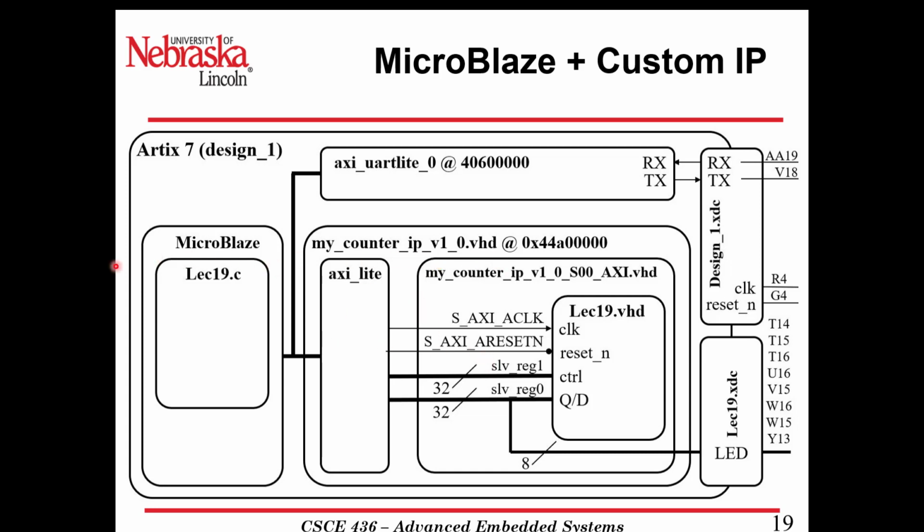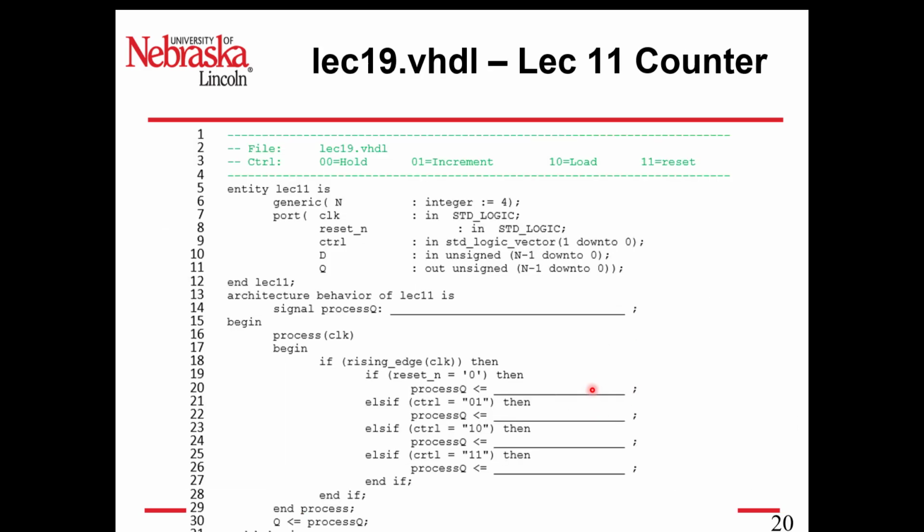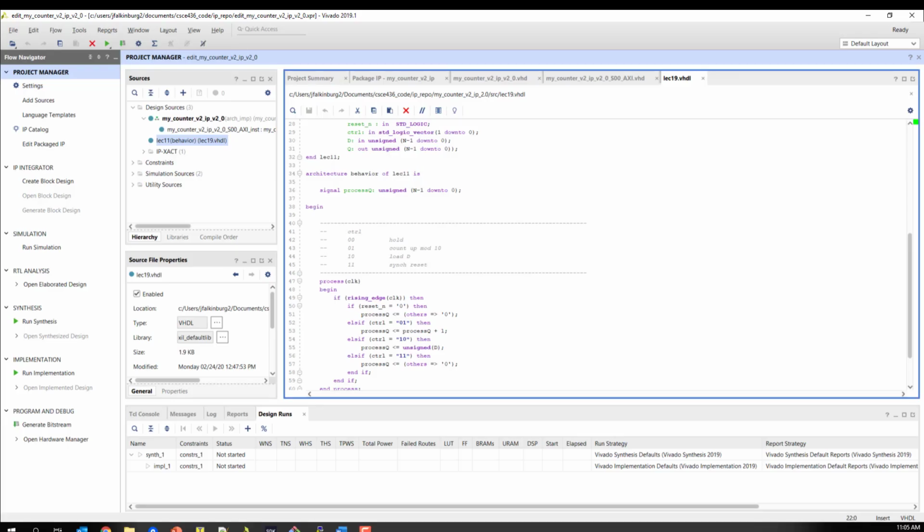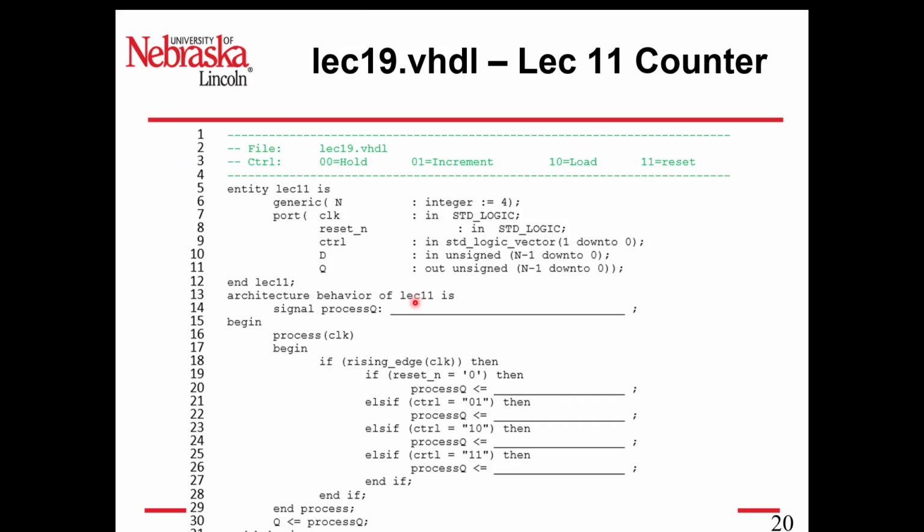Okay. Again, let's look at this. You have this on your handout. This is set up as a generic, so a process queue needs to be filled in with n minus 1 down to 0. And then based on these values, this one should set them all to 0.